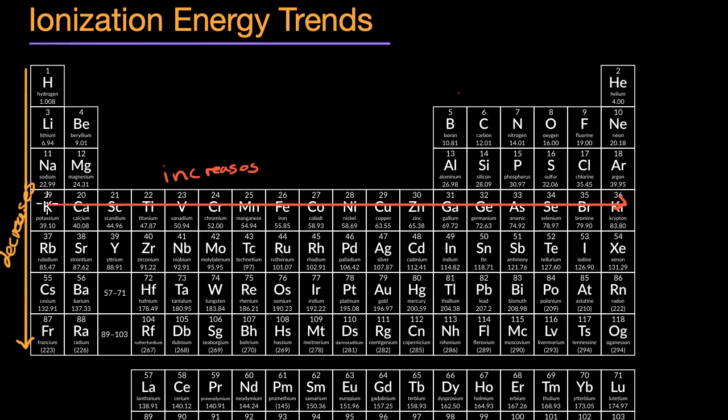Well, if you look at this trend along, or get an intuition for why this is, if you look at this trend along a group over here, we already said that you're going to have the same number of valence electrons, but those valence electrons are further and further out. They're at higher and higher energy shells. And so you have a lot more shielding from all of those core electrons. So that causes some interference.